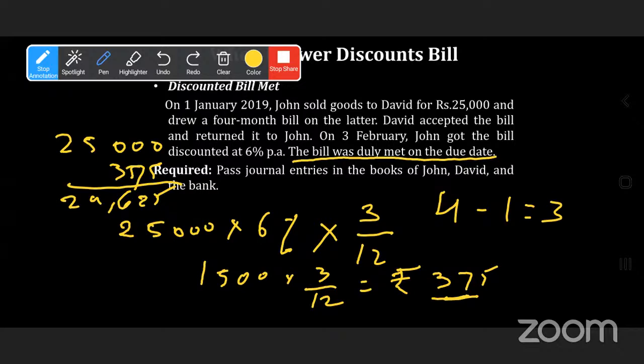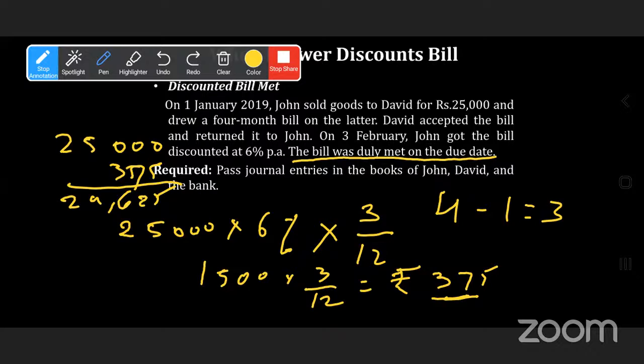Already 1 month passed away. The bill was sent to the bank for discount on February 3rd. Already 1 month over, still 3 months were remaining. So 3 months by 12 months, 375. Is it okay for you?